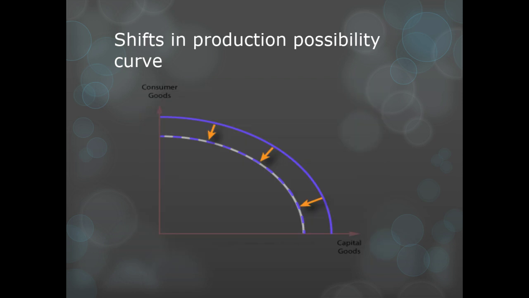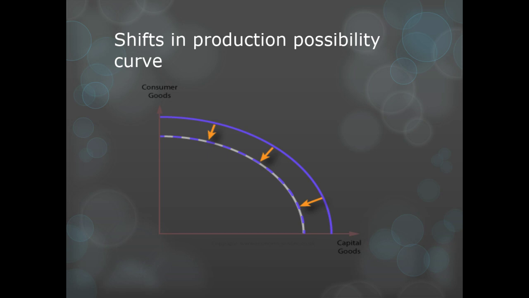At the same time, there is another type of shift, that is a backward shifting production possibility frontier. Just the opposite. Here the economy has the potential to produce at the original production possibility frontier, but the production has decreased.